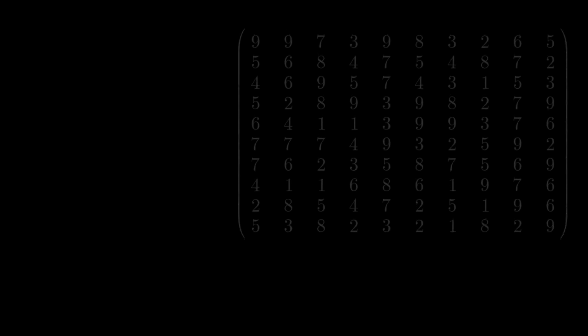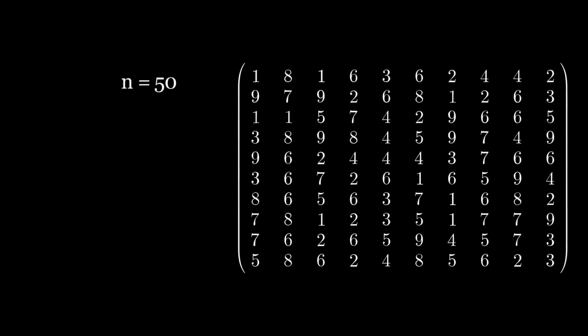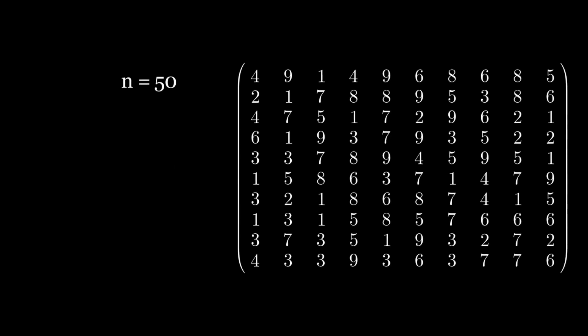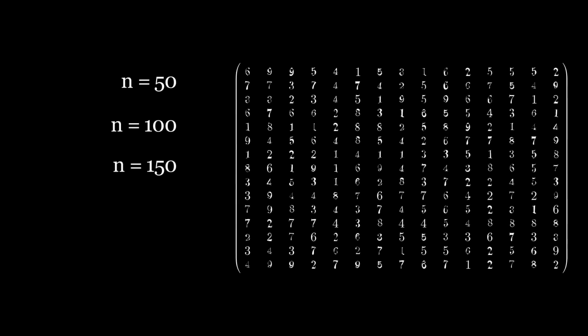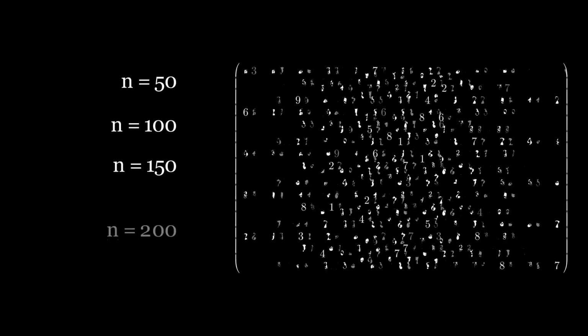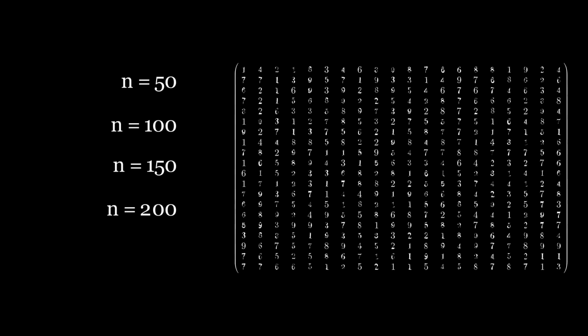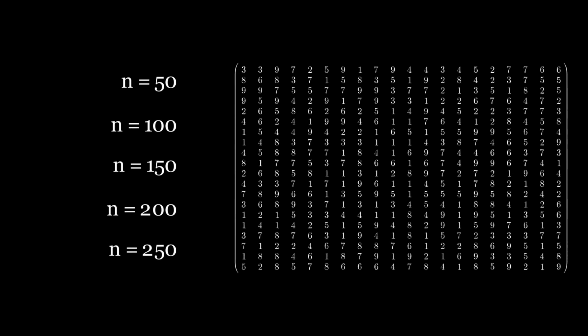To compare the algorithms, we randomly generated problems by creating the weight matrices for n equals 50, 100, 150, 200, and 250. For each of the 5 n values, we generated 10 different random problems, and we optimized each of the problems with all the algorithms.